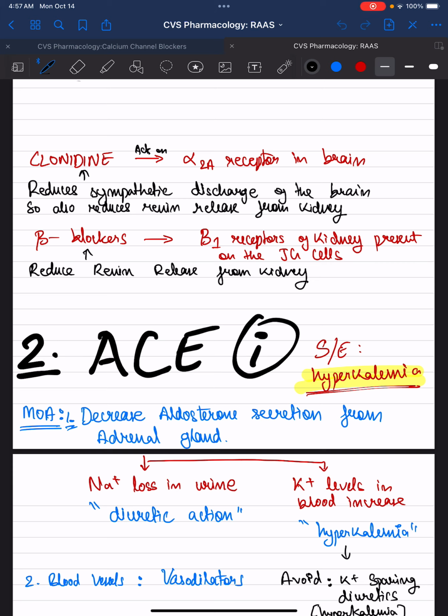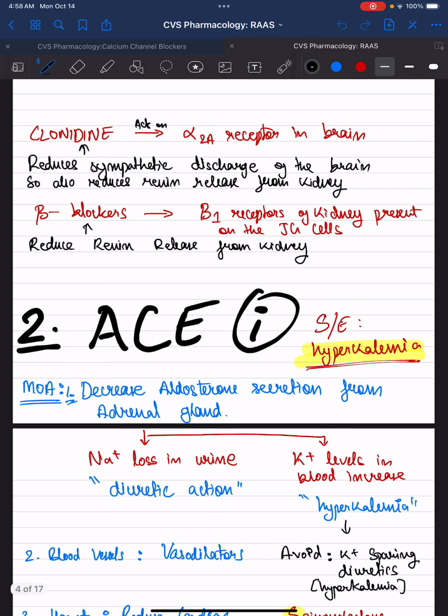As we already saw in the pathophysiology section, the sympathetic discharge from the brain leads to the release of renin from the kidney through the beta receptors on the JG cells. But clonidine reduces the sympathetic discharge, so the stimulation of the beta 1 receptors on the JG cells is reduced, and there is reduced renin release from the kidney. So there is less conversion of angiotensinogen to angiotensin 1, and it leads to less increase in the BP.